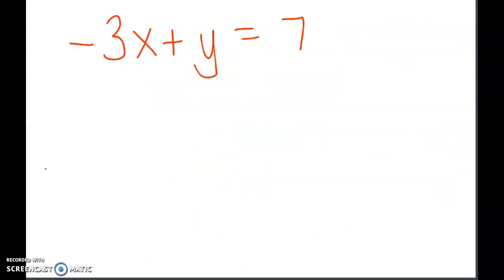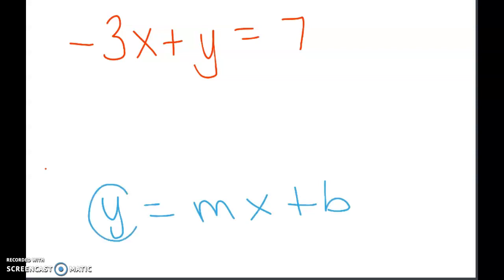Now, in the next example, you'll notice it's not in the format that we want. We want it to say y is the same as mx plus b. So in order to make it that way, we want to make sure we isolate our variable y. In this instance, to get y by itself, we're going to add 3x to both sides.